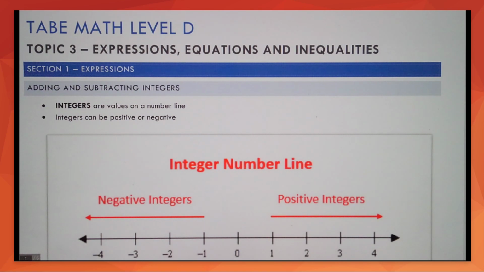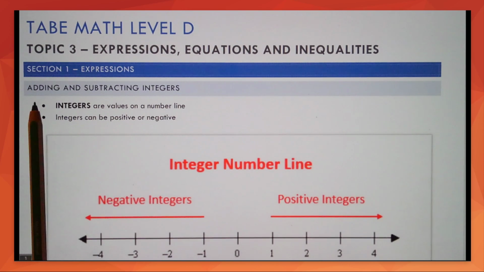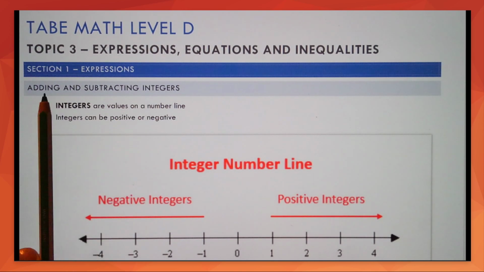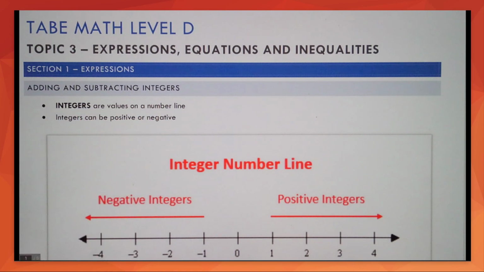So the first little subtopic I'm going to point to right here is the adding and subtracting integers concept. And so first, let's refresh on what an integer is. So an integer is a negative number, a 0, which is only 1, it's 0, or a positive number, and these are whole numbers we're talking about, that are on a number line.